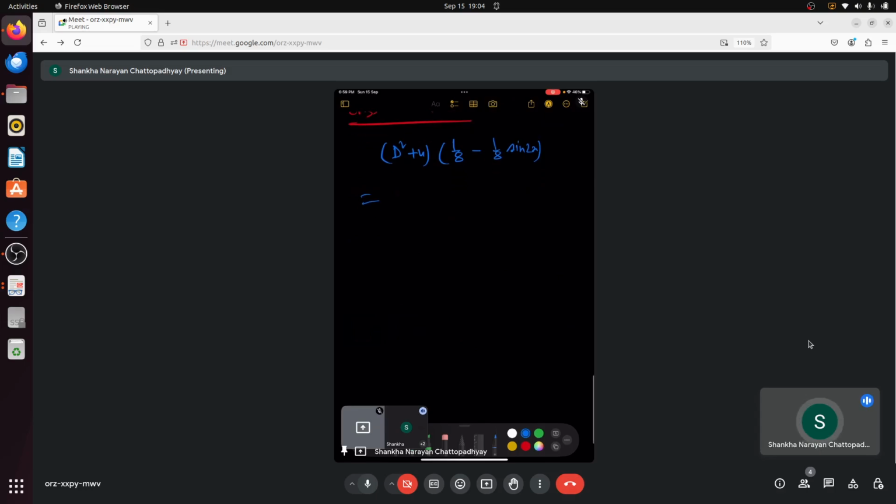You will get 1 by 2, and here you will need to operate d square plus 4 on this, minus 1 by 8 sin 2x. If you take the derivative d square, two times the derivative on sin 2x, you will get minus 4 sin 2x plus 4 sin 2x.